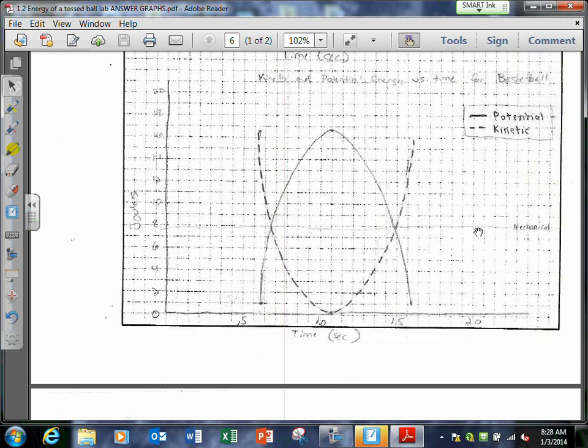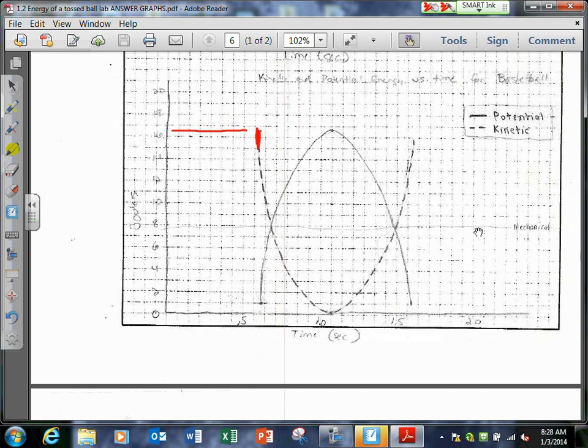So if you look at this line here, this would be the kinetic energy, right? Because it's the highest. And right when you start that throw, you're going to have the highest velocity. And kinetic energy, which you should know from physical science, is the energy of motion. So you have the biggest change in displacement in the beginning, so you have the highest velocity, therefore the highest kinetic energy.